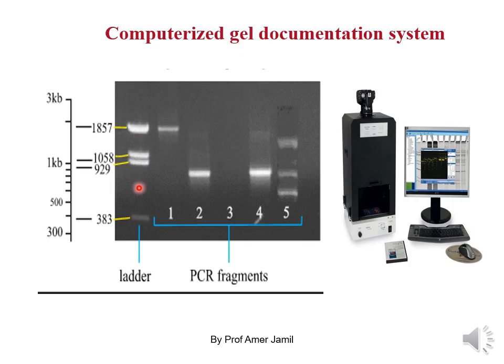So DNA fragments run logarithmically inside the gel. If you take a log of these, you will see the difference is quite straight. But here you can see, for 1857, the difference between these two and these two is not linear, rather it is logarithmic.